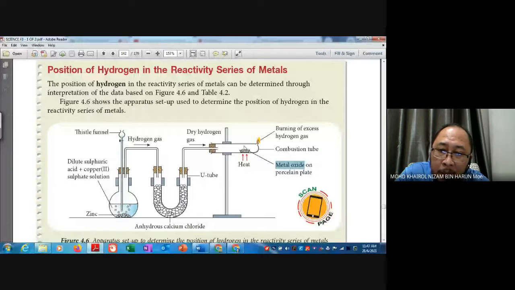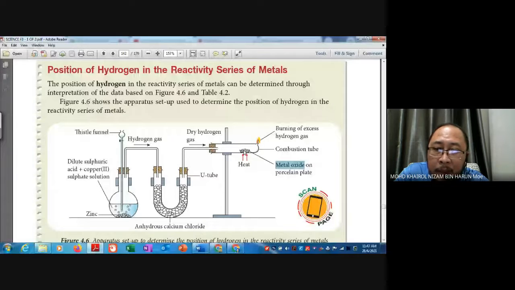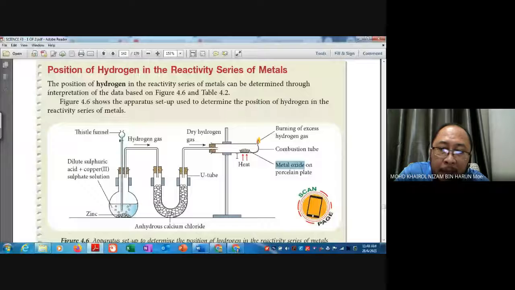How do we react hydrogen with the metal oxide? The hydrogen itself comes from the reaction of sulfuric acid and zinc.